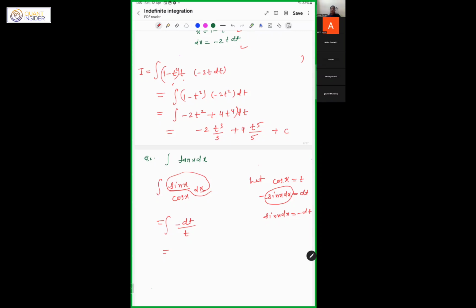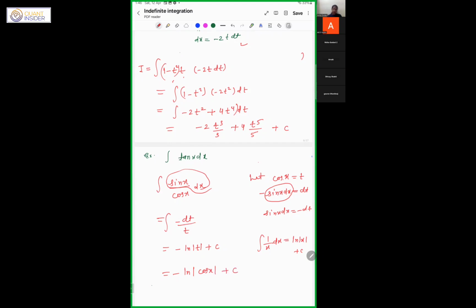Now what is integration of 1 by x? Integration of 1 by x is ln mod x plus c. So this minus sign will be as it is, and ln mod t plus c. Now you can substitute the value of t: minus ln mod cos x plus c.